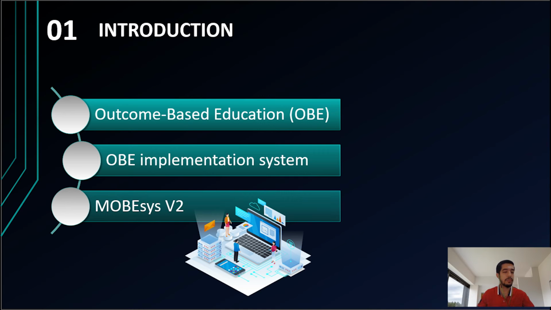So the MOBE system V2 will mainly focus on the OBE implementation model only, because the old OBE structure will remain the same. We are not going to change or modify any of the structure because it's fixed. We are going only to implement, and we change the earlier practice of relying on the Excel files that the lecturers and the university depend on.